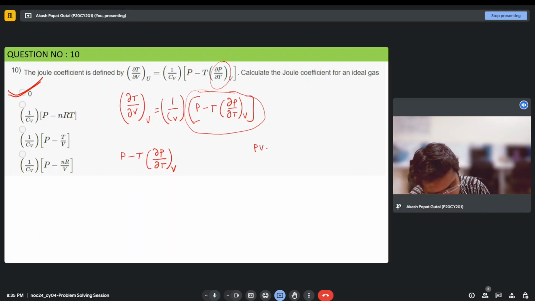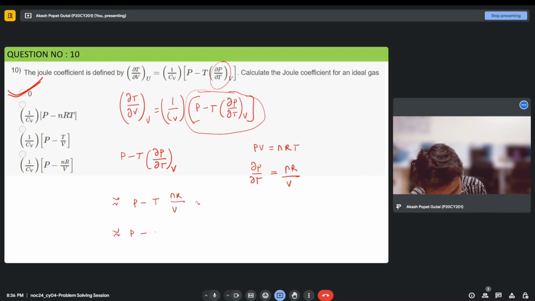So we know for an ideal gas PV is equal to nRT. We need to calculate del P by del T at constant V. So del P by del T at constant V would be nR by V. So this will be P minus T into nR by V. So that resembles P minus nRT by V. What is nRT? nRT is nothing but PV.